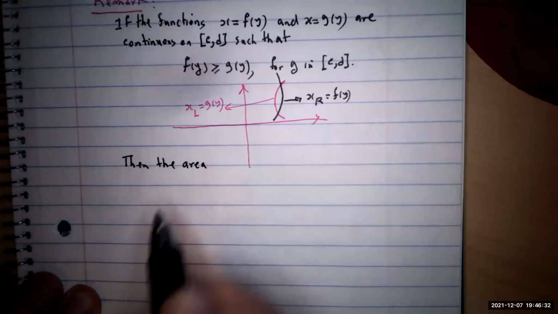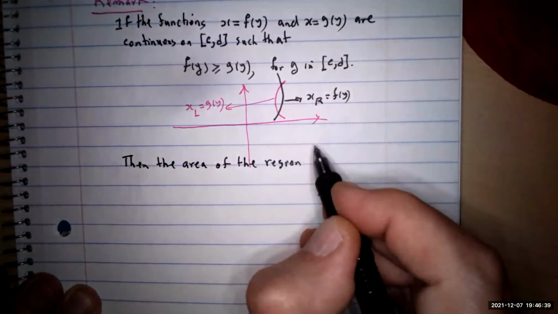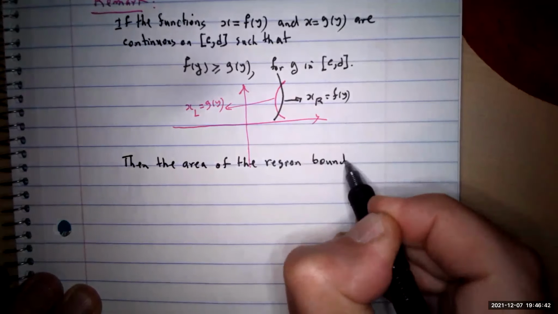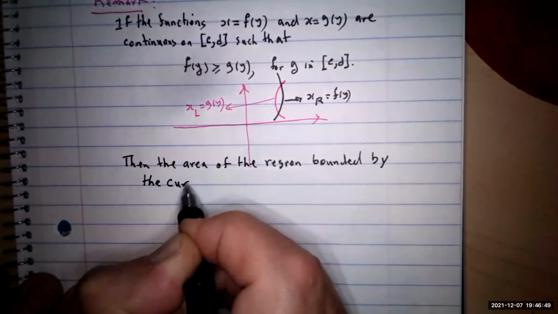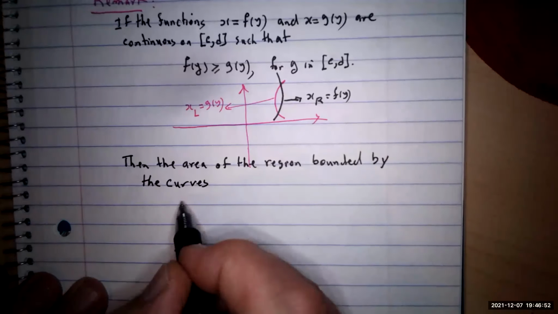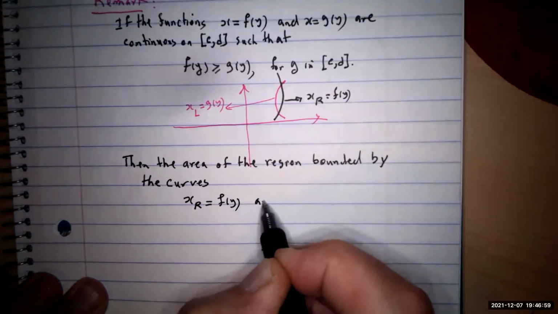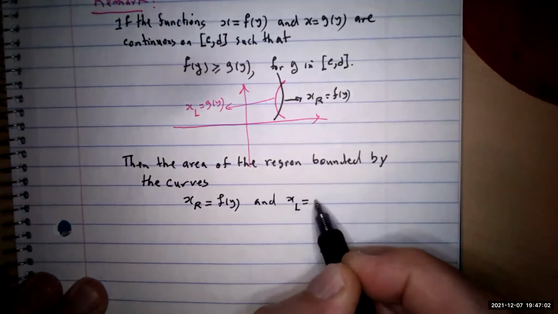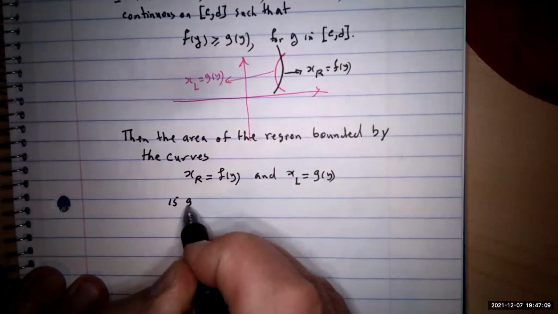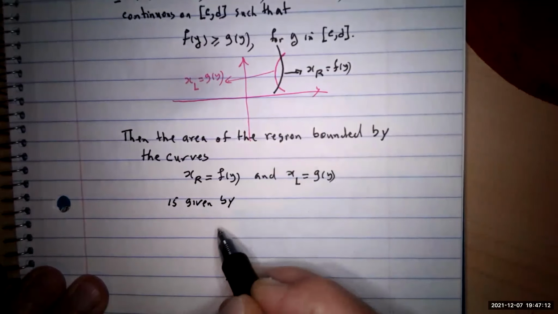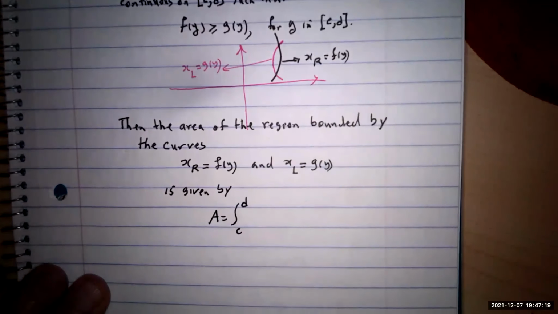between those curves, the area of the region bounded by the curves, this time the curve x, one to the right, which is f of y, and one to the left, which is g of y, is going to be given by the formula: the integral from c to d of the difference.